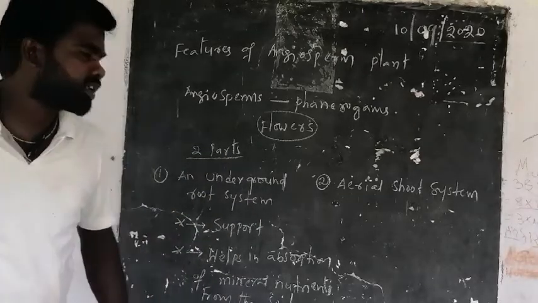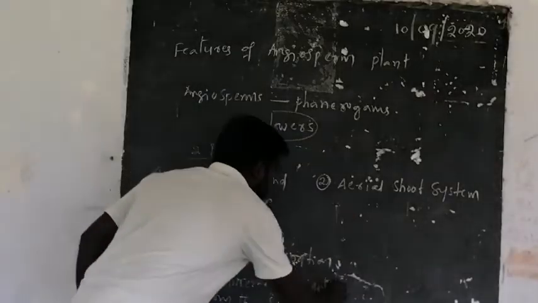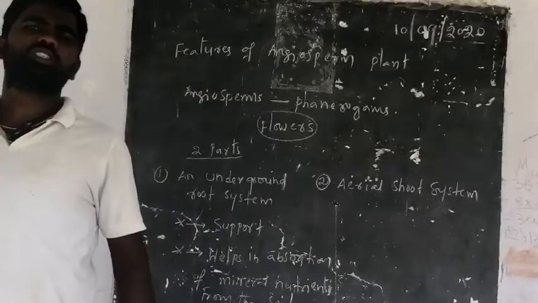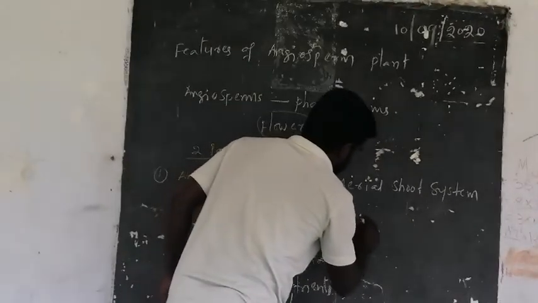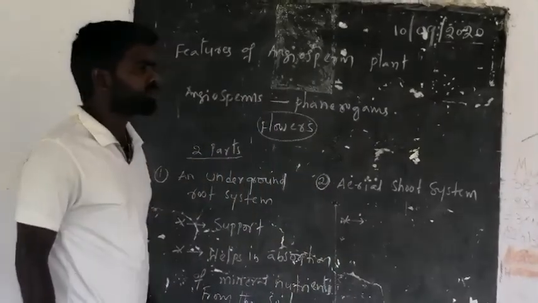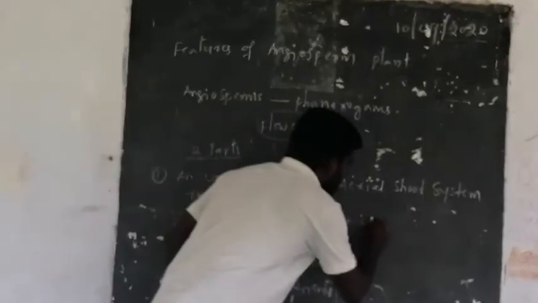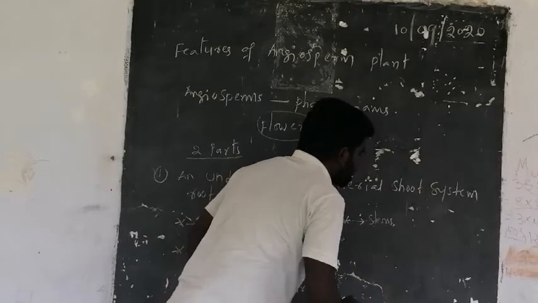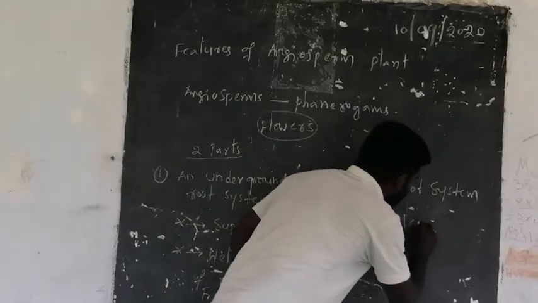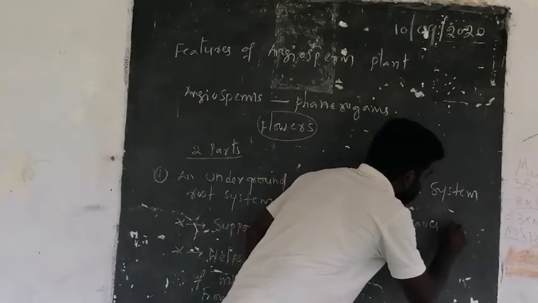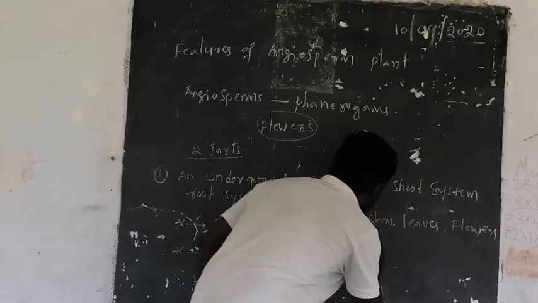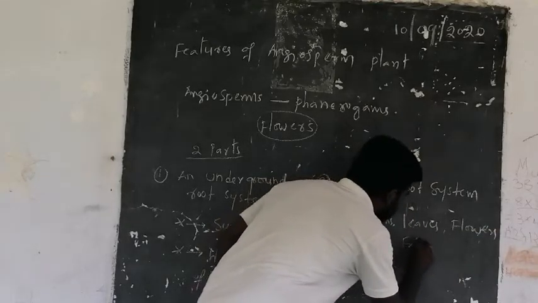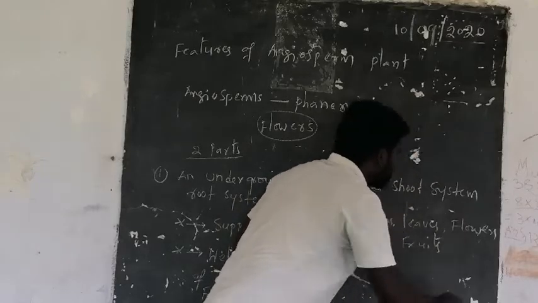Absorption of mineral nutrients from the soil. And here, the aerial shoot system is having stems, leaves, flowers and fruits.